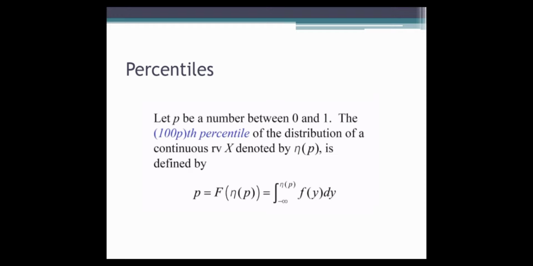The 100p-th percentile of the distribution of a continuous random variable x, denoted by eta of p, is defined by p is equal to F of eta of p, which is equal to the integral from negative infinity to eta of p of f of y times dy. So, that is the formula for percentiles.